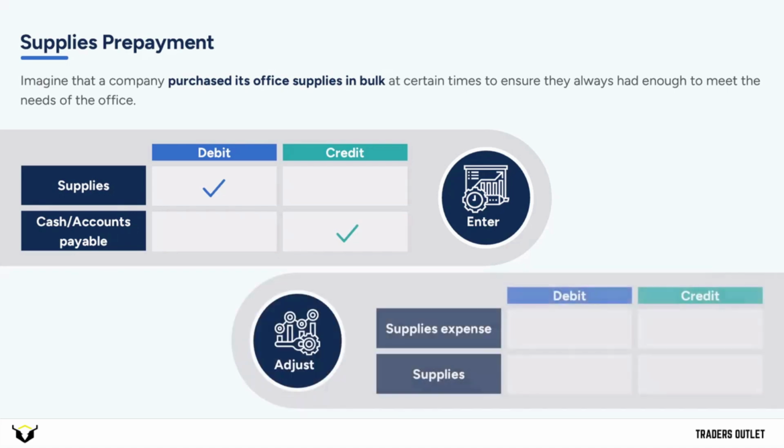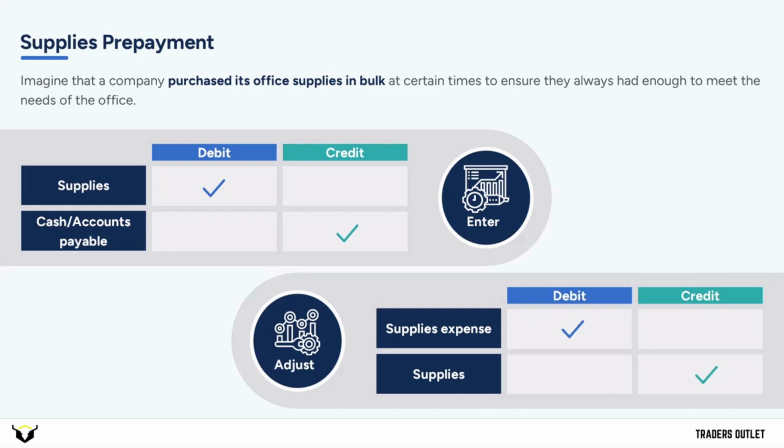Now, when the supplies are used up, we would then record a debit to the supplies expense and a credit to the supplies asset account, which is thereby reducing our asset by the amount used and showing it on the income statement as an expense.